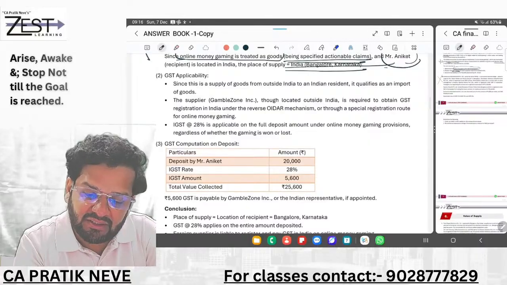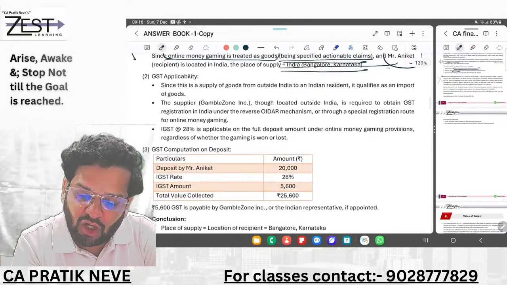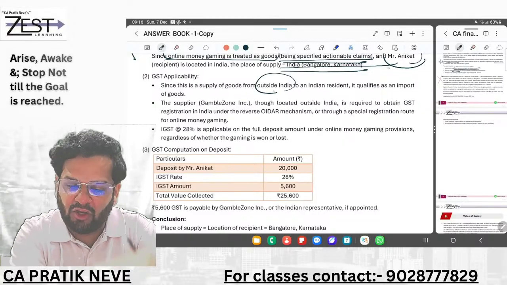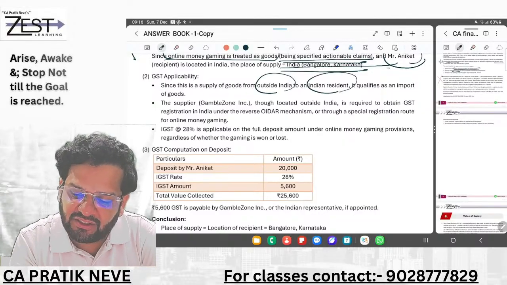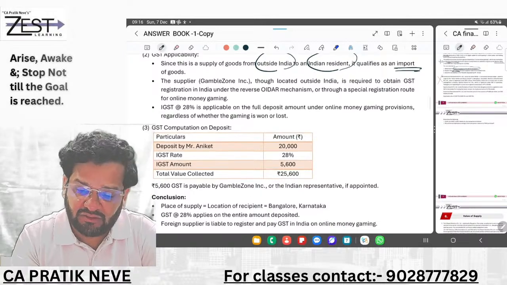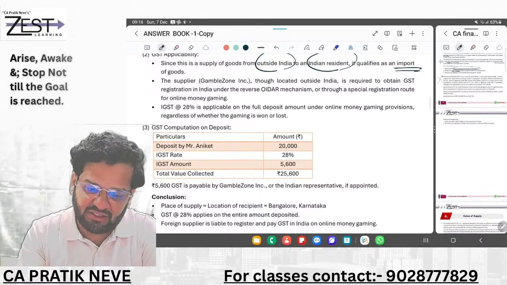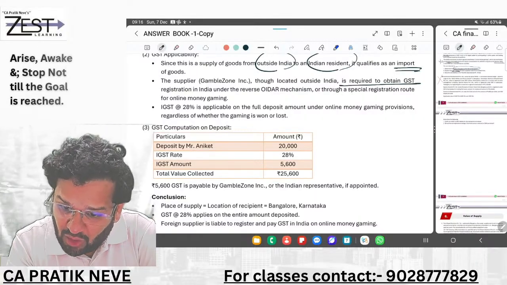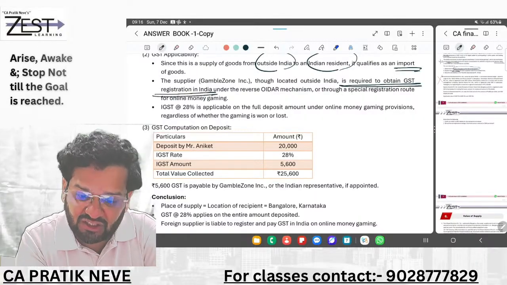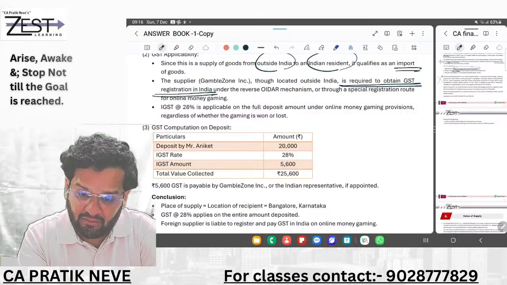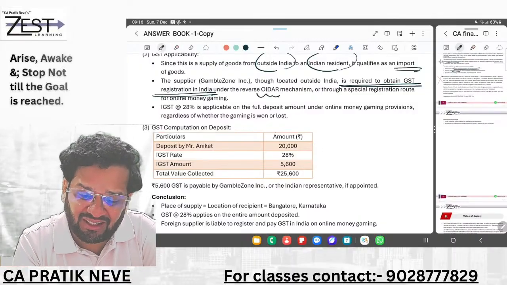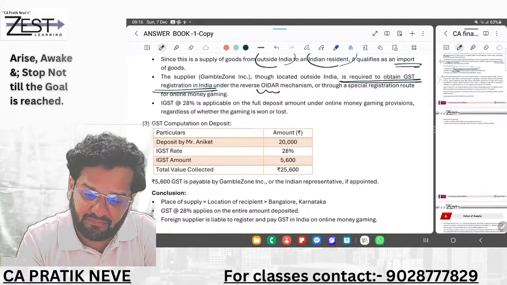Now, since this is supply of goods from outside India to an Indian resident, it is import. So there will be chargeable IGST. The supplier, though outside India, is required to obtain GST registration in India. Why? Because of his online information database access retrieval mechanism.